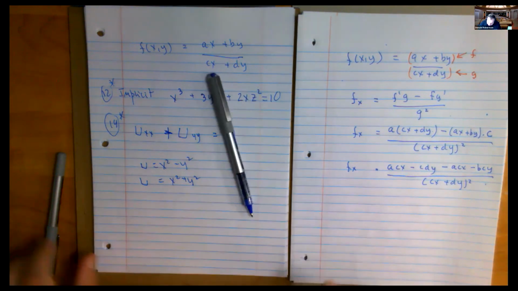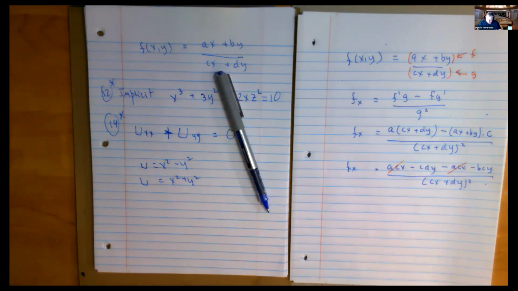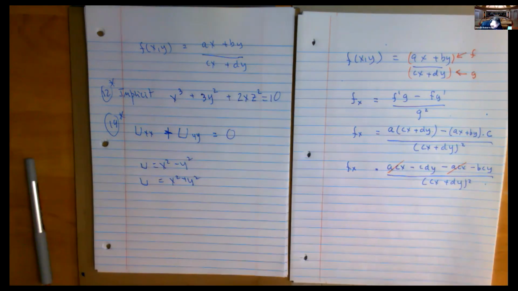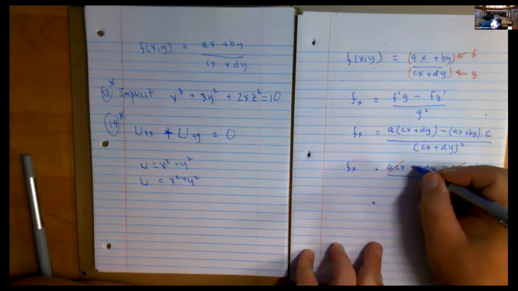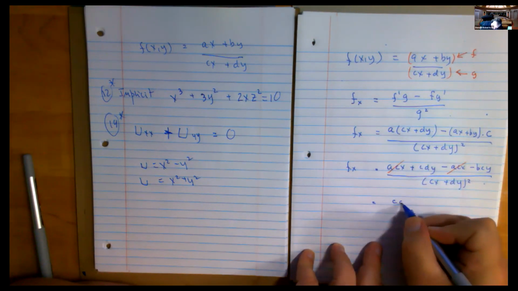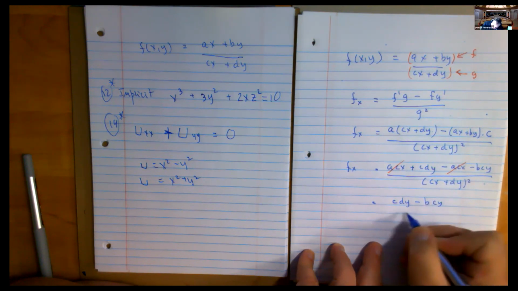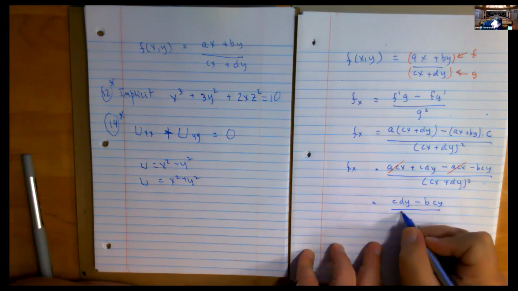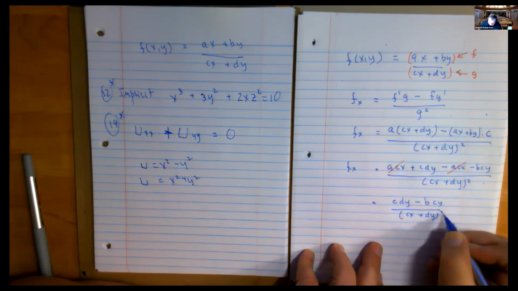And two things kill each other off. And we now have c d y take away b c y over c x plus d y squared.